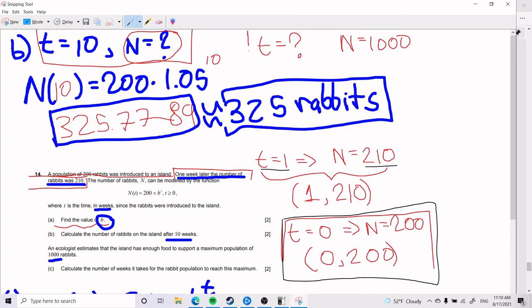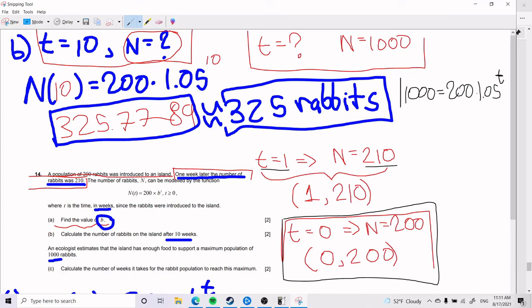Okay, so this is not what we're usually used to doing, because the way it's set up looks a little bit weird. It's gonna be set up like this. We will have 1,000 on the left side, and we actually need to get t alone when t is an exponent.